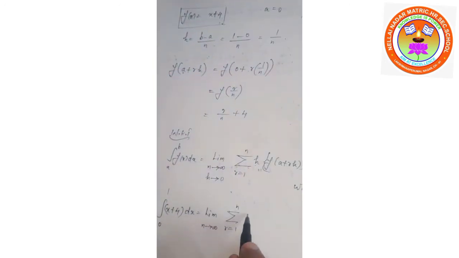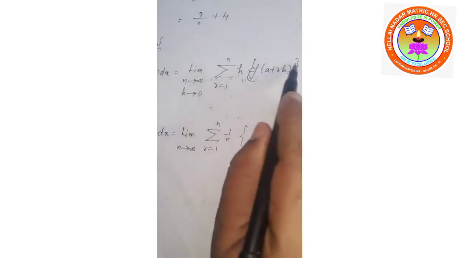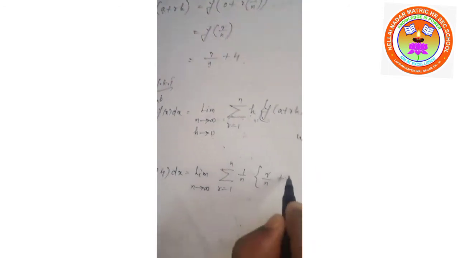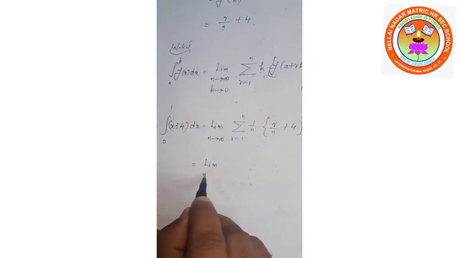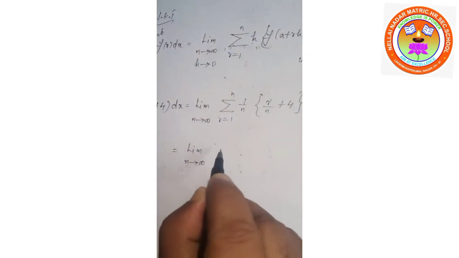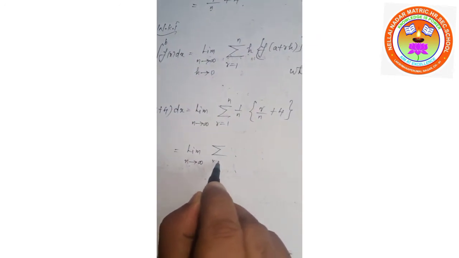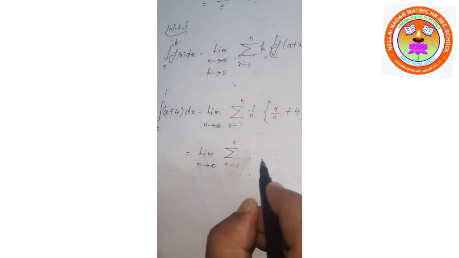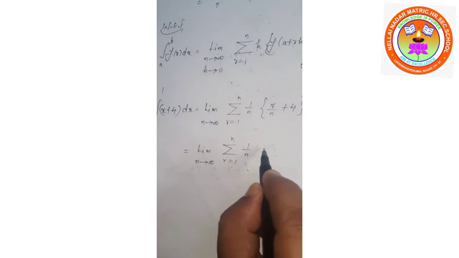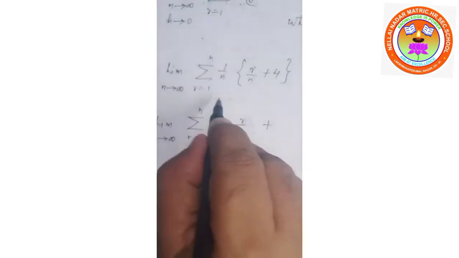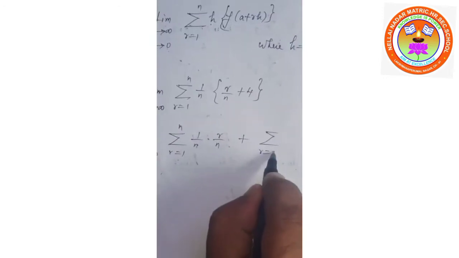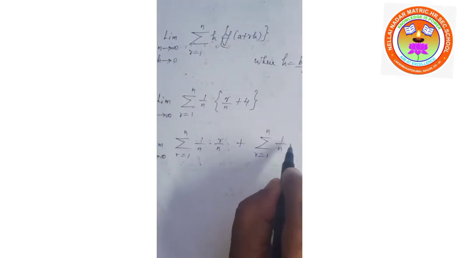H value is 1 by n into f of a plus r into h. Here it is. What's the value? R by n plus 4. Equals limit n tends to infinity, sigma r equals 1 to n 1 by n into r by n, plus again sigma r equals 1 to n 1 by n into 4.